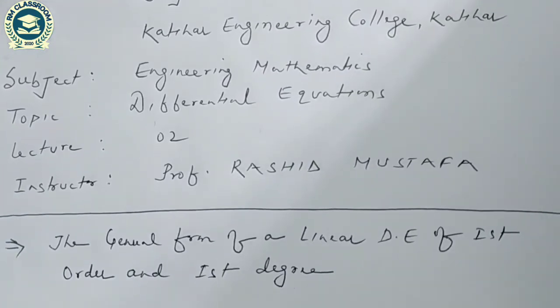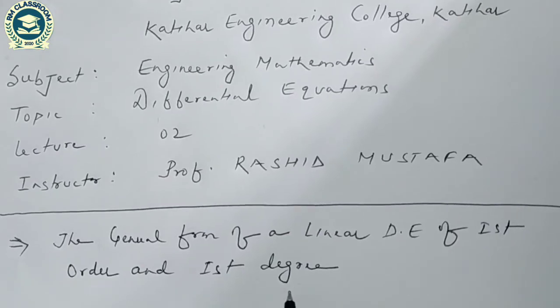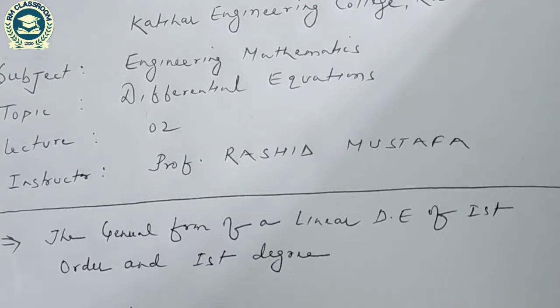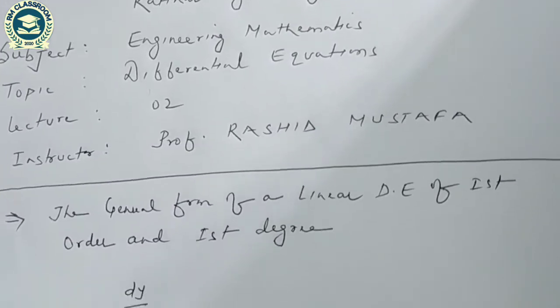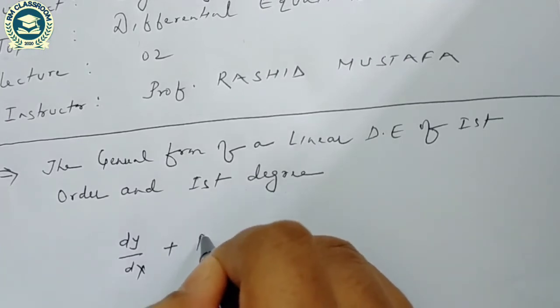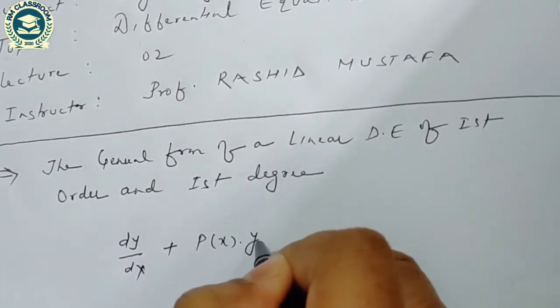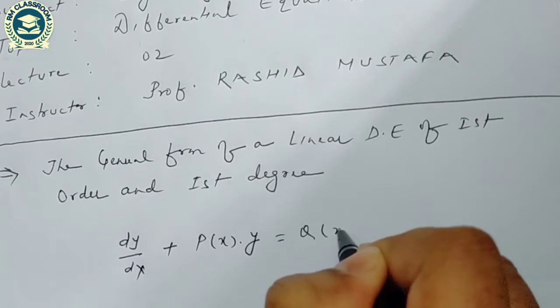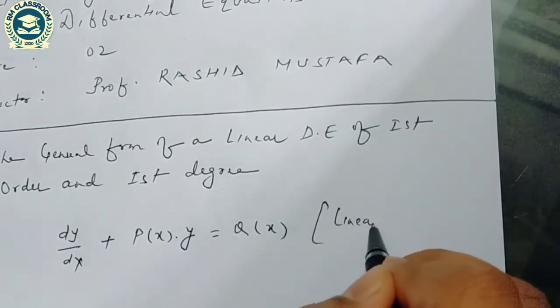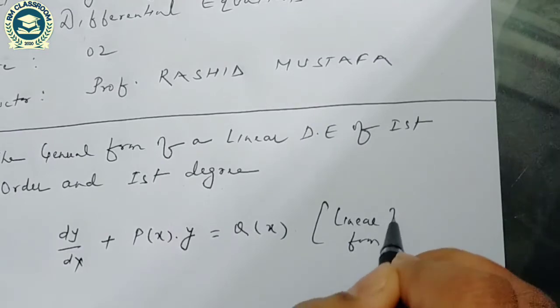The general form of a linear differential equation of first order and first degree is dy by dx plus P(x) into y is equal to Q(x). This is the linear form of a differential equation.